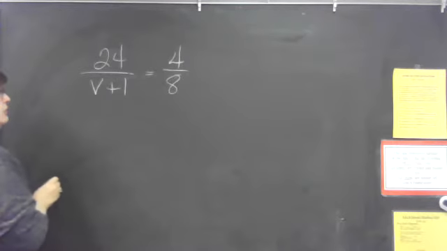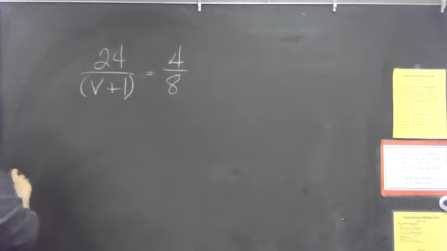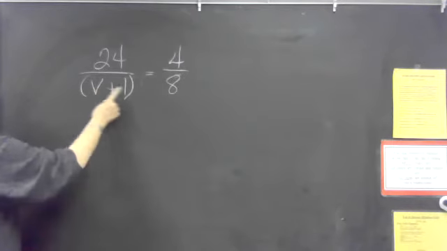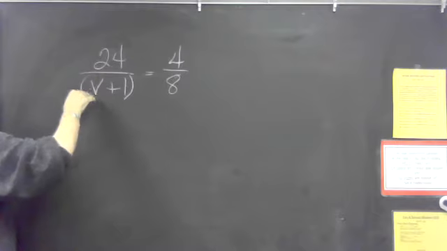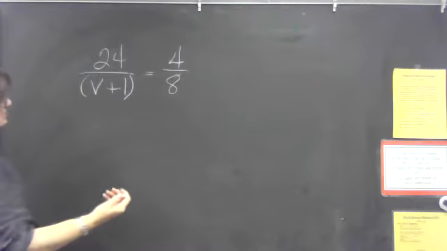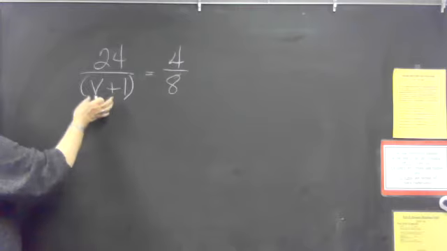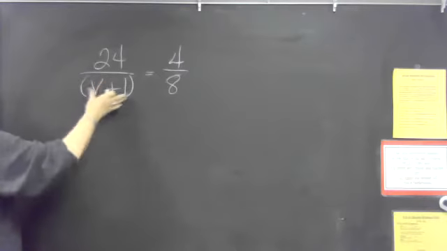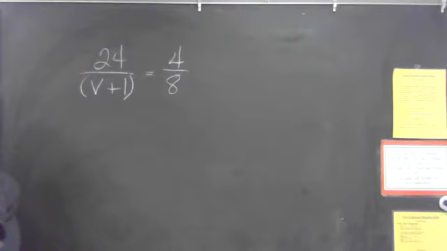So I would encourage you to put this in parentheses. This will help you also work the problem. So if you see several things as part of a fraction, put those in parentheses. I call it a set when I talk about it. So the v plus 1 is actually a set that is the denominator to this fraction.